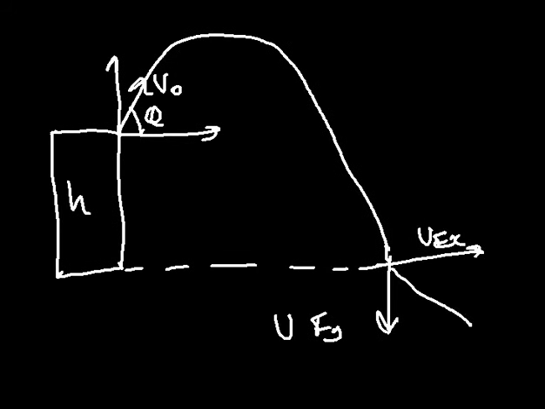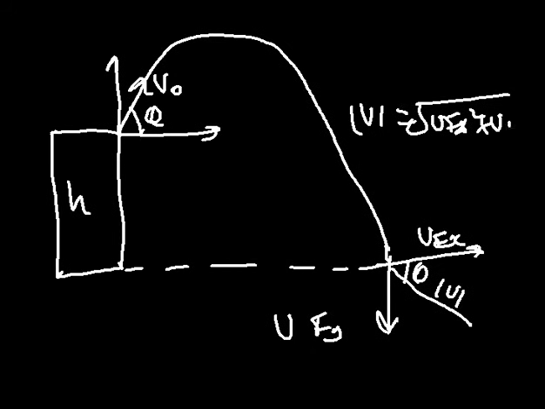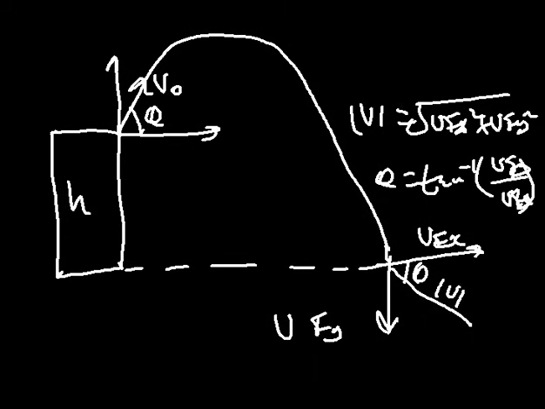And we'll have the landing speed and also the landing direction. Landing speed is calculated in the same way: square root of Vfx squared plus Vfy squared, and the direction, which is the angle theta, is tan inverse of Vfy over Vfx. We'll have that.